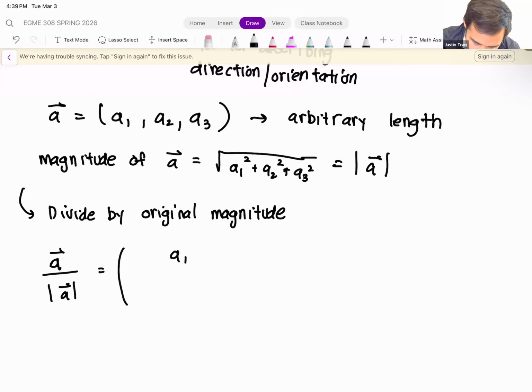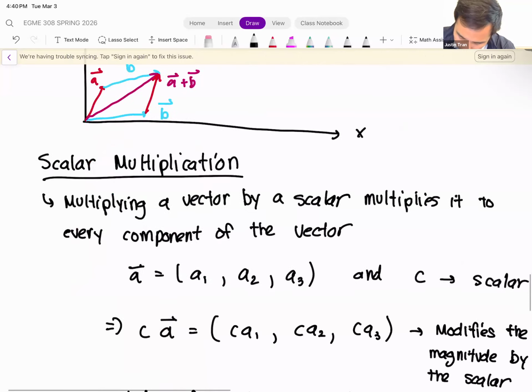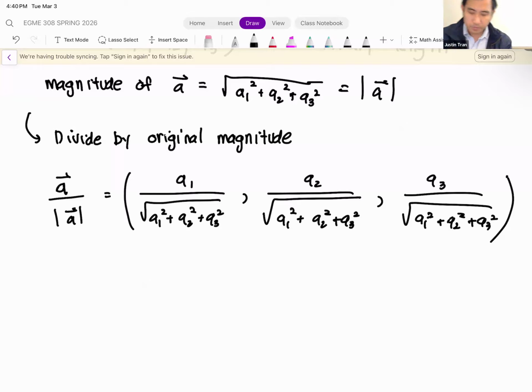So it's going to be a1 divided by the square root of a1 squared plus a2 squared plus a3 squared, comma, a2 divided by the square root of a1 squared plus a2 squared plus a3 squared, comma, a3 divided by the square root of a1 squared plus a2 squared plus a3 squared. So we're taking the original magnitude and dividing it through to each component.